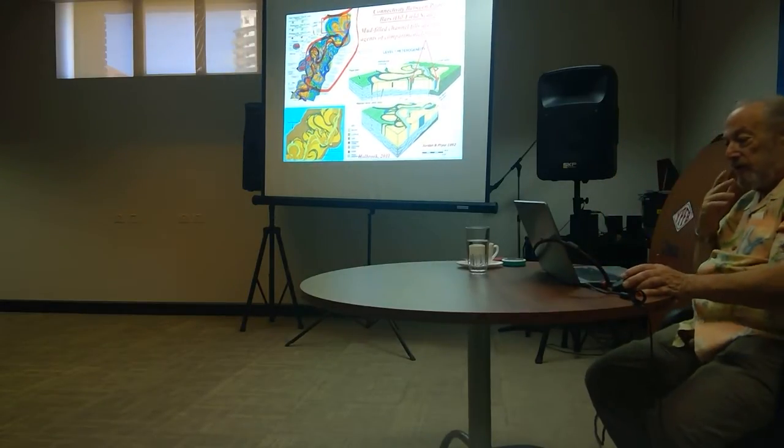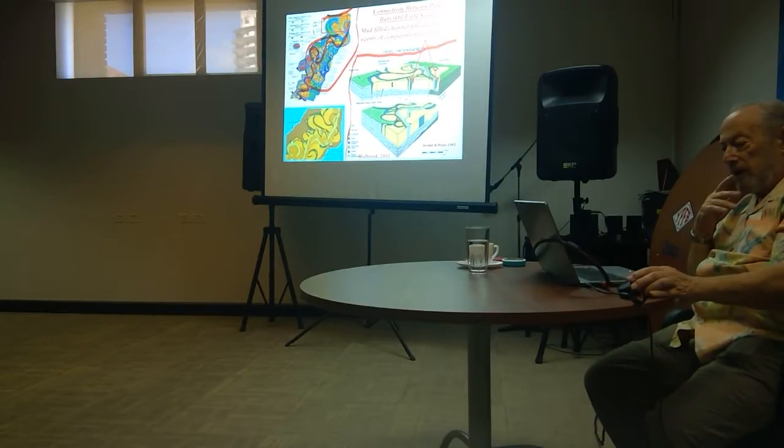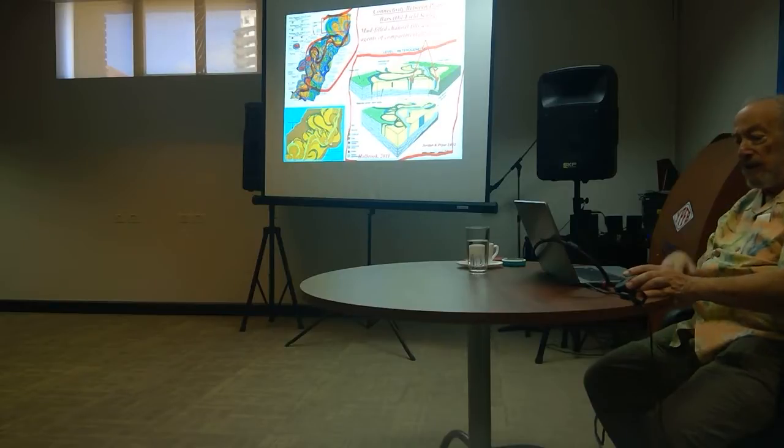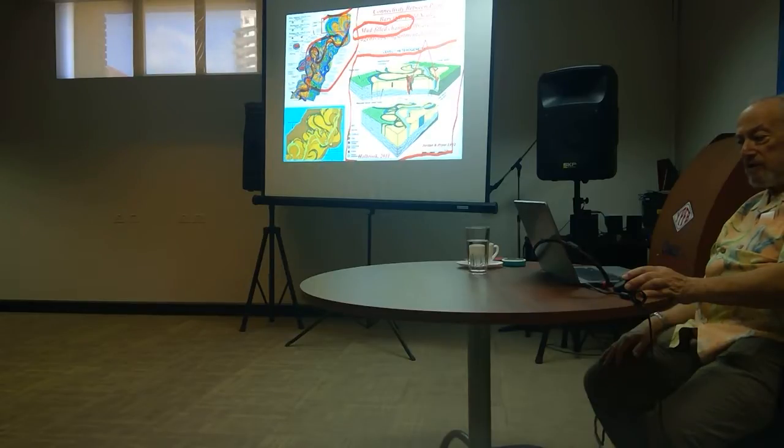So if you look at this in three dimensions, you get something like this, where you'll have your sand bodies in yellow, and where you had a channel that became inactive and filled with mud, you'll get these mud-filled channels, or mud plugs as I call them, and they'll be like a vertical wall of mud that can isolate the sand over here from the sand over there.